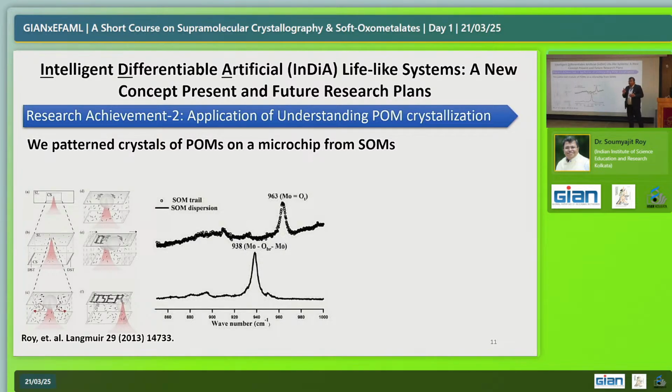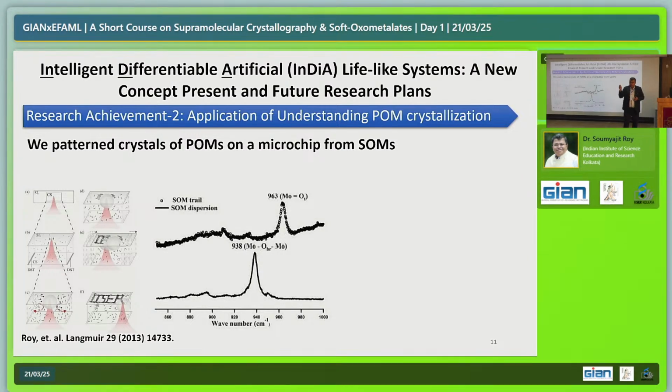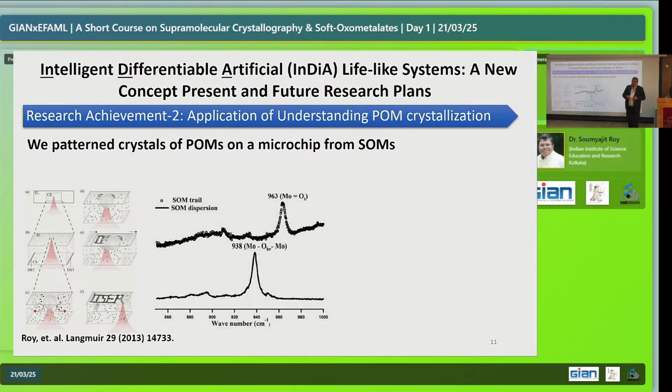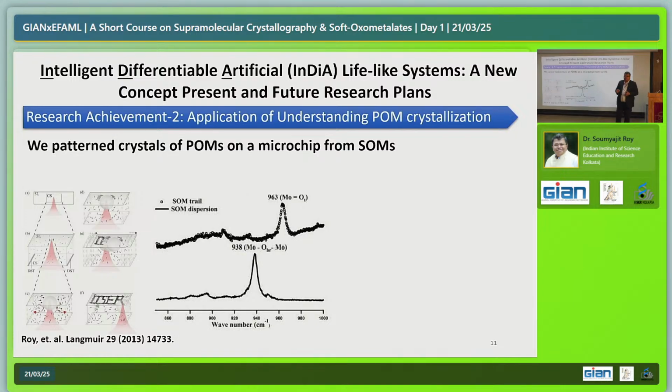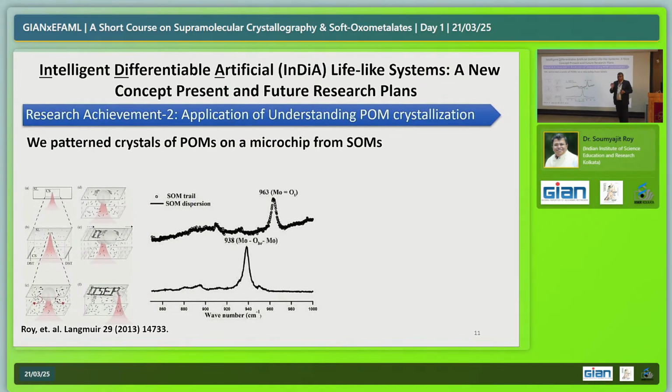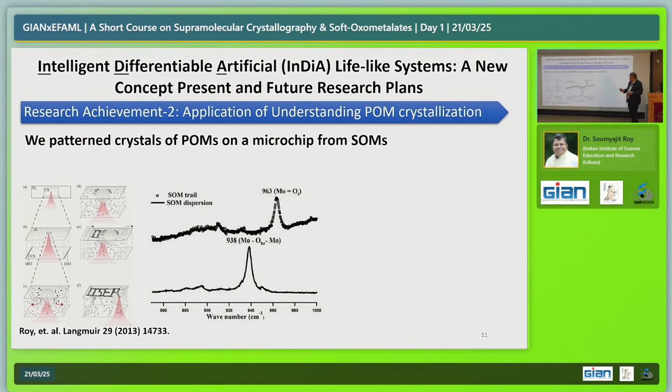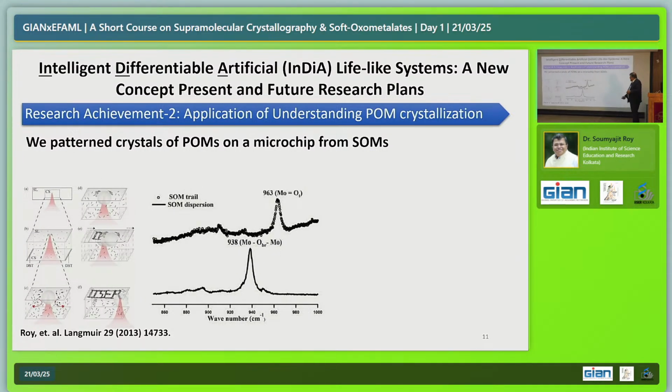This is the same type of convection which you see, for example, if you take a glass of wine and swirl it, right? And then you will see the tears coming on the glass walls. This type of convection is known as Gibbs-Marangoni convection or the Gibbs-Marangoni effect. So because of this effect, there was a convection current, and because of this convection current, the cooler parts were having the SOMs and the hotter parts were convecting the SOMs onto the base.